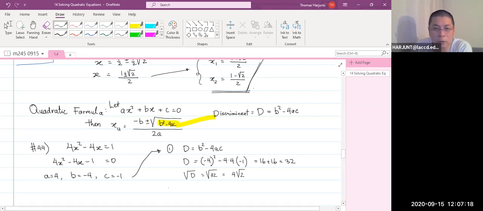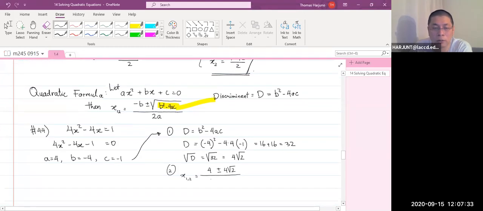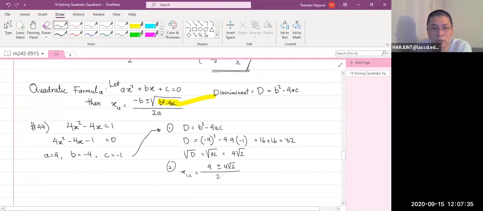Then plug into the formula. x1,2 equals negative b plus minus square root of D over 2 times a. On the top, you have a common factor 4, which I will cancel with the factor 4 at the bottom.